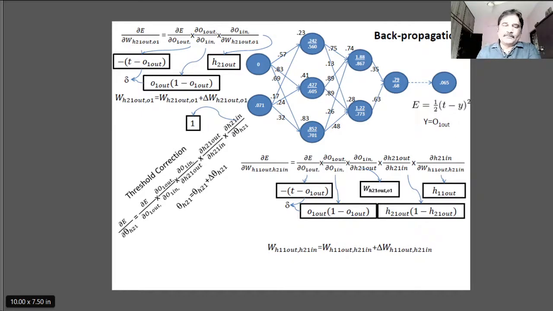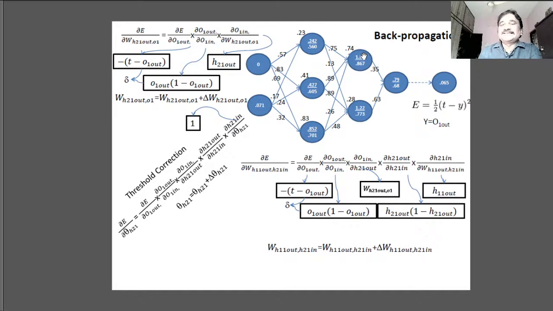So we'll be differentiating the error dE with respect to the weight between H21 out and the output neuron. This is H21. H21 means the first neuron in the second layer, and in and out mean there are two parts of this neuron. The upper value we are calling the in value, H21 in, and the lower one we are calling H21 out. What is the difference between H21 in and H21 out?